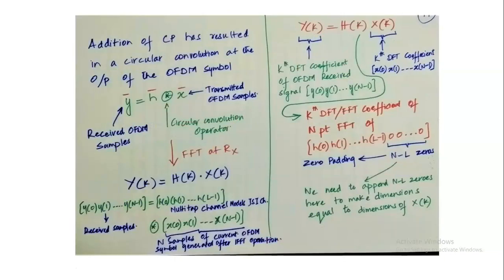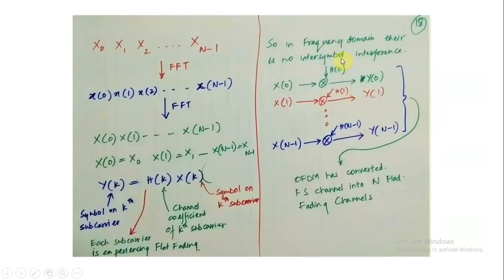And if we take the FFT of the circular convolution, we get a channel in the frequency domain, y_k equal to h_k into x_k, which is a simple multiplication. So that has converted the channel to a parallel channel in the frequency domain, nullified the inter-symbol interference, and converted the frequency selective channel into N flat fading channels.